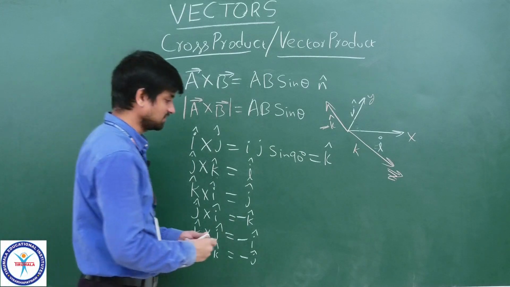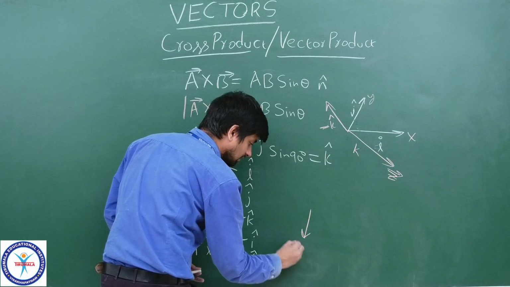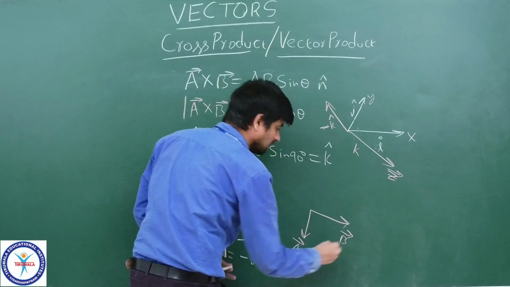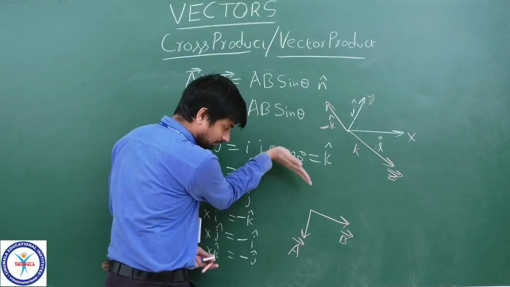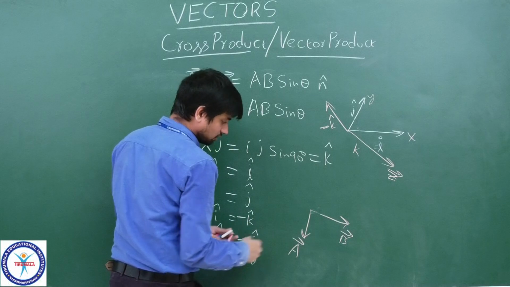Always apply this right hand screw law. That means, children, if this is vector A and this is vector B, from A I am turning towards B, sweeping this area.